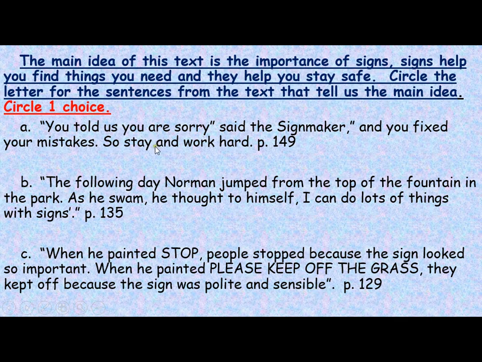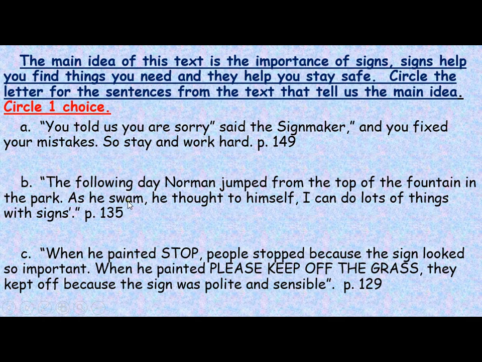Which of these sentences talks about the main idea, that is signs and the importance of signs? The first one was when Norman said sorry to the Signmaker and apologized, but he wanted to leave. So the Signmaker told him, you told us you're sorry, you fixed your mistakes, so stay and work. Does this sentence talk about the signs?